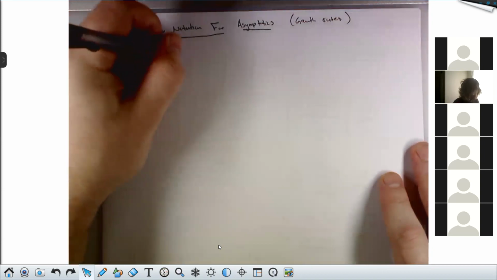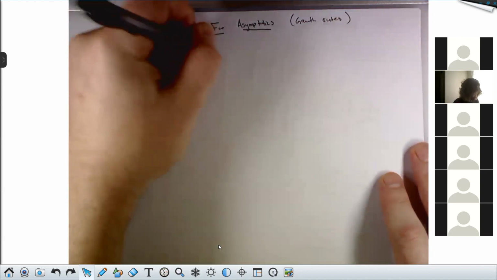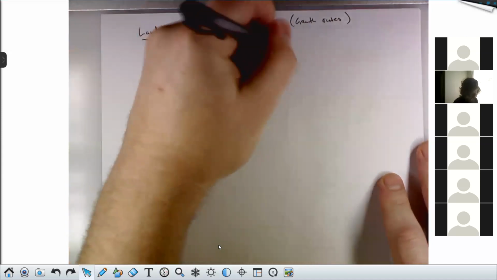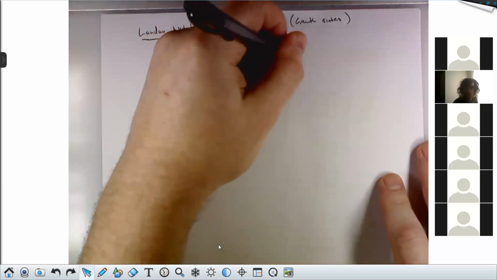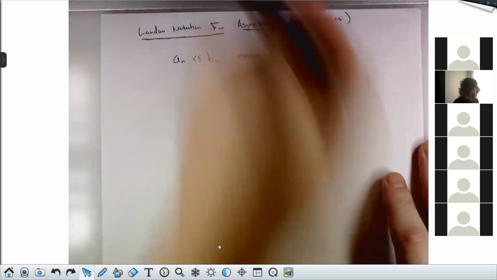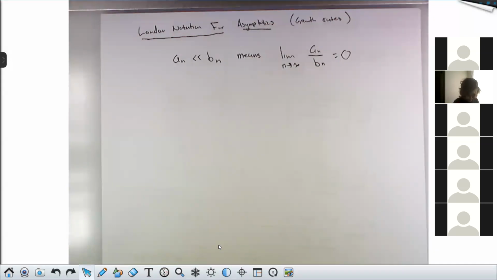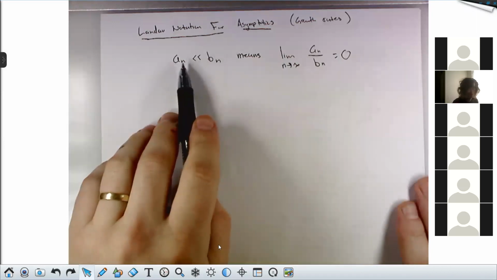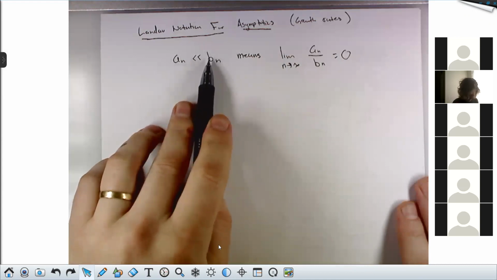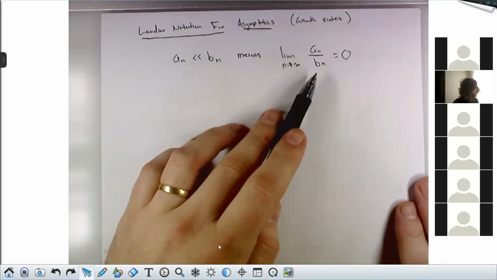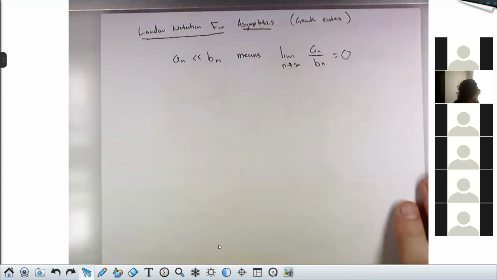Basically, if I tell you an is less than bn, this means that the limit as n goes to infinity of an over bn is equal to 0. So bn is much, much larger than an, or an is much, much smaller than bn, in the sense that as n goes to infinity, an is so much smaller than bn that the ratio goes to 0.